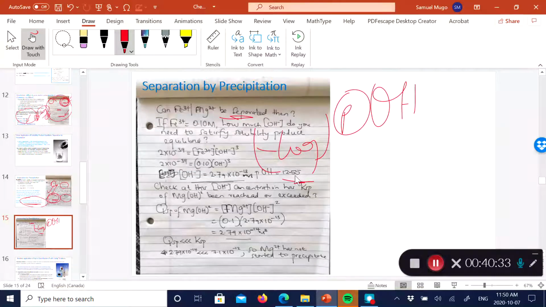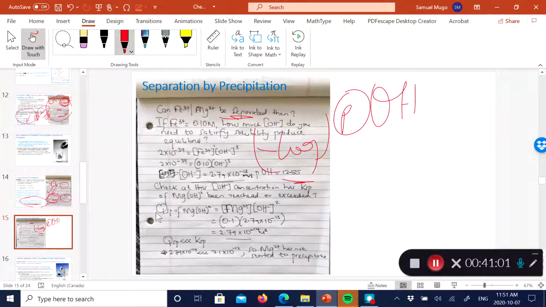All right. So the next thing you do is check at this concentration, when we've just precipitated the iron, the hydroxide is present at this concentration. At this concentration, have we exceeded the KSP of magnesium hydroxide so that we can start precipitating the next salt?